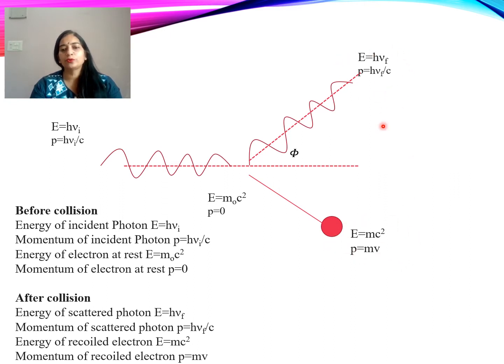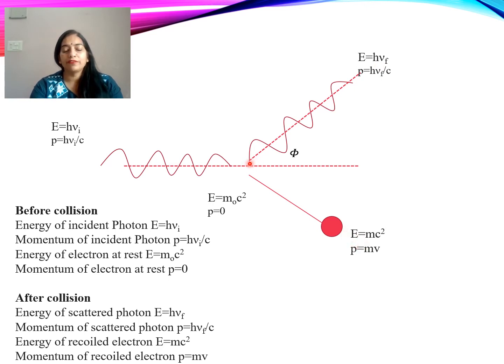Now we have two conditions, before collision and after collision. So we apply the conservation of energy and conservation of momentum before and after collision. Before collision, the energy of the photon is h nu, and the energy of the electron is m naught c square, equal to the energy of the photon plus the energy of the electron after collision.